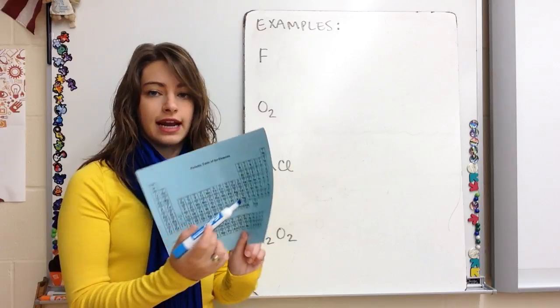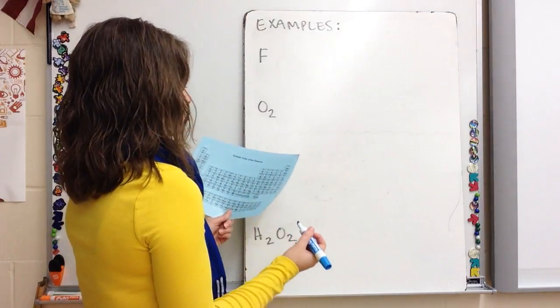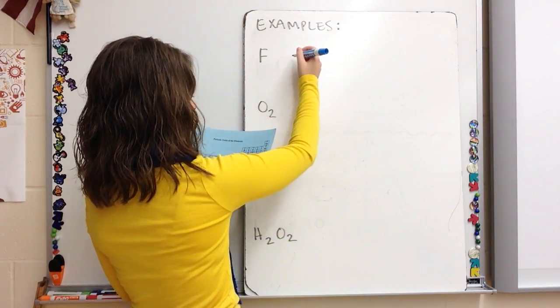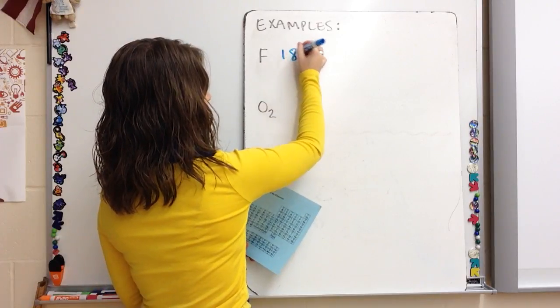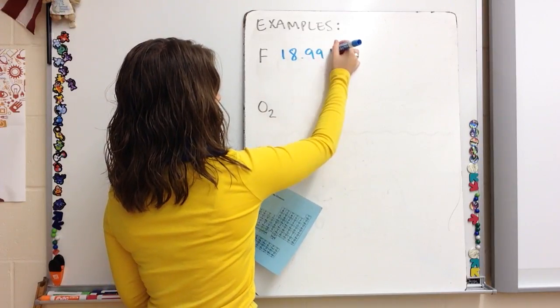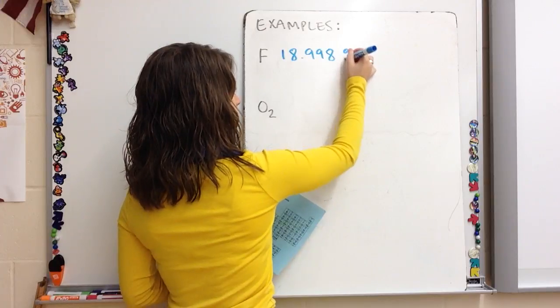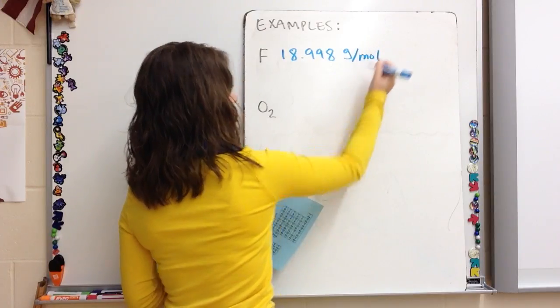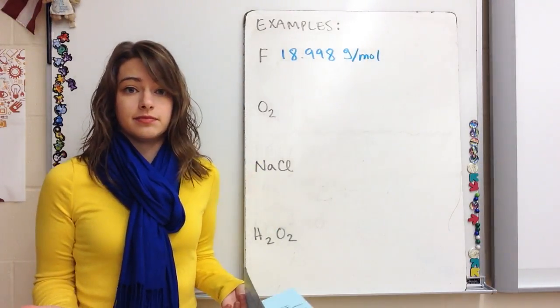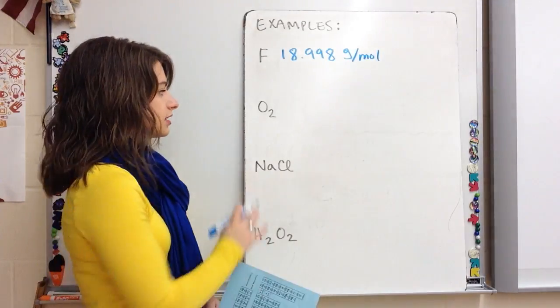The 18.998 is the number at the bottom, so that's going to be the mass. So our molar mass of fluorine is 18.998 grams per mole. That's it. That's all it is.